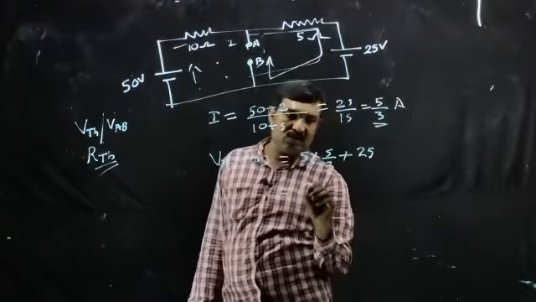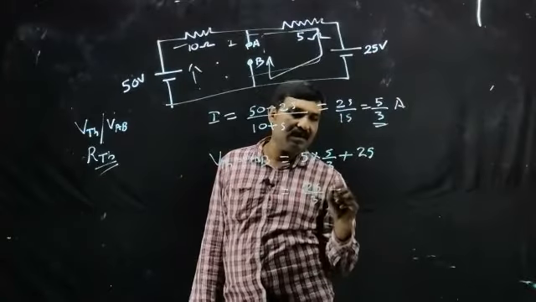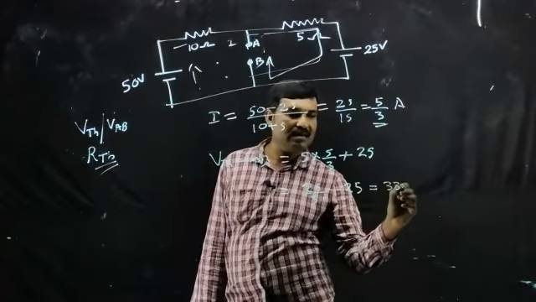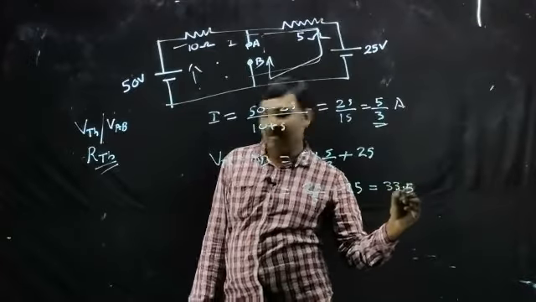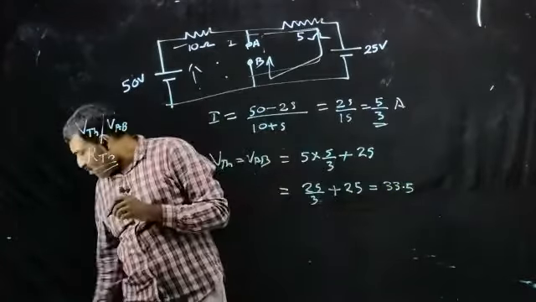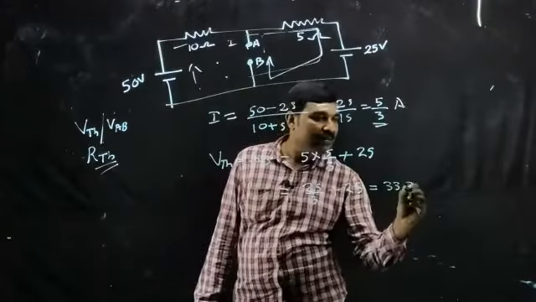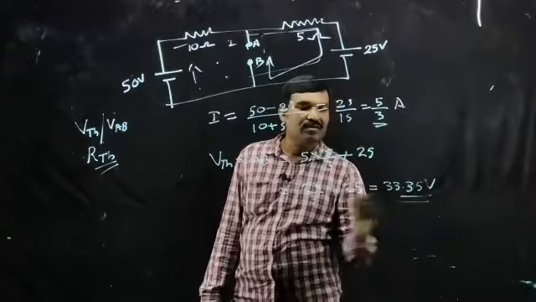So, that is equal to 25 divided by 3 plus 25. This is numerically equal to 33.33 volt. That is the value of VTH.